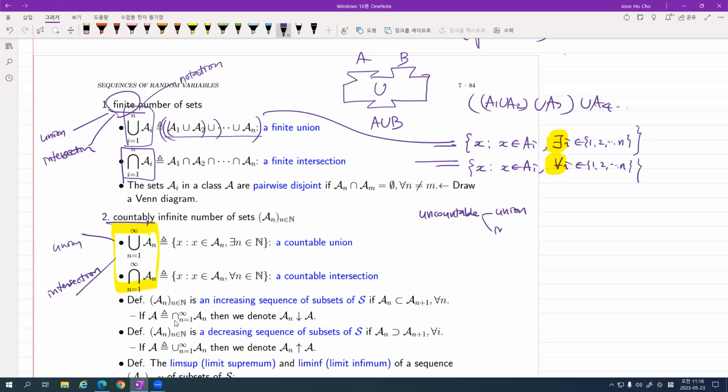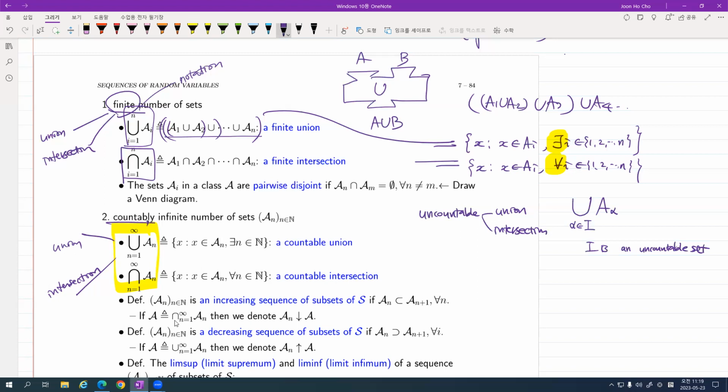What is that? It's like this. You take the union of some A sub alpha. So your subset A sub alpha is parameterized by some variable alpha. And here, alpha is a member of some index set I, where I is an uncountable set.